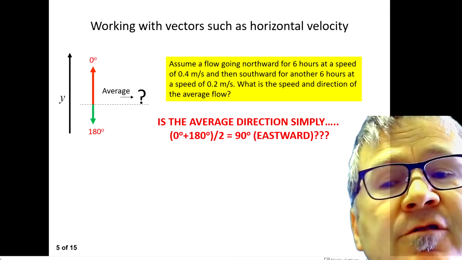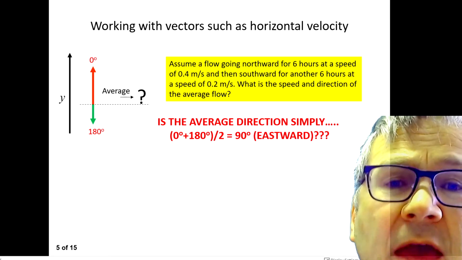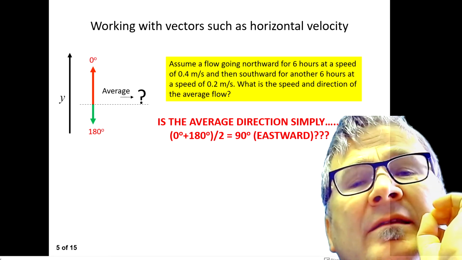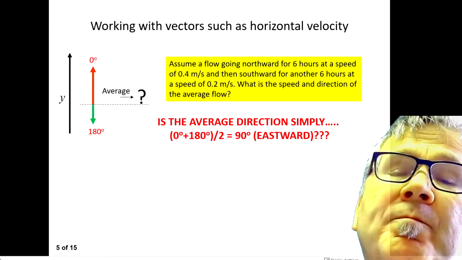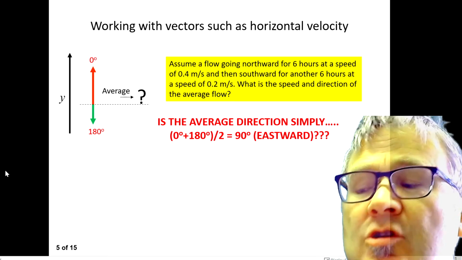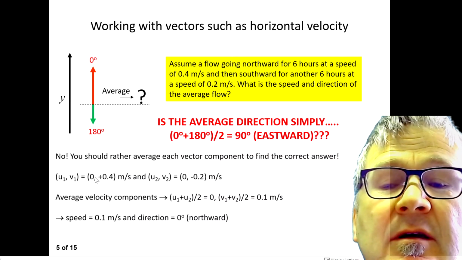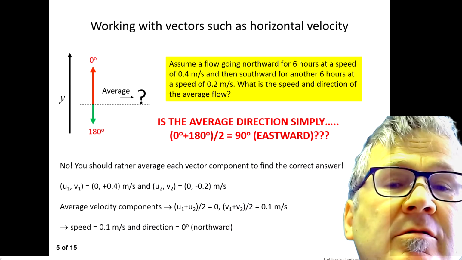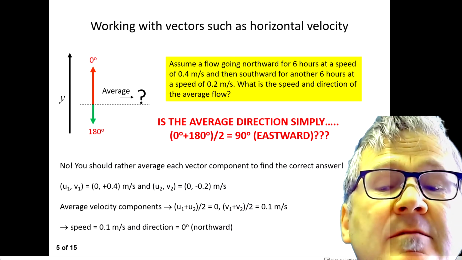Never average direction. So how do you actually derive the average flow? The way to do that with vectors is you always should average each vector component to find the correct answer.